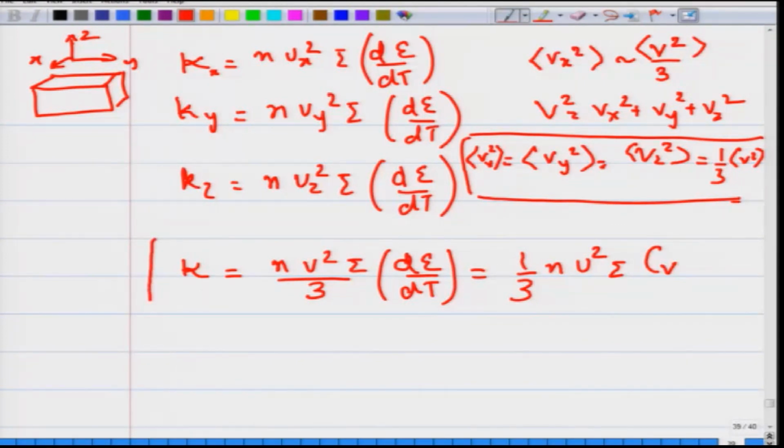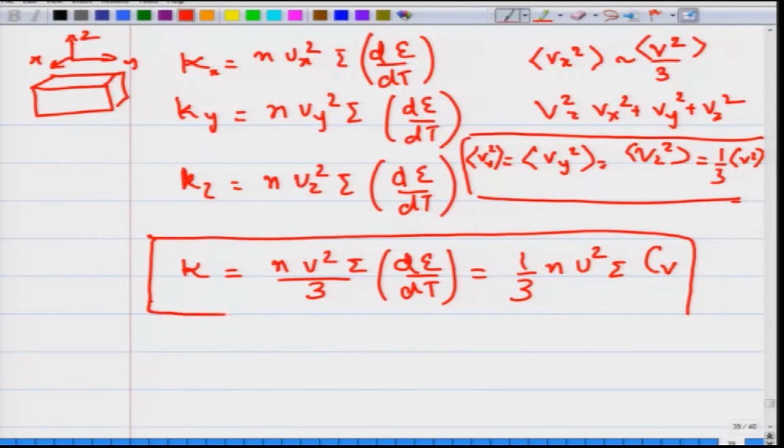So, you can also find out what is the average thermal conductivity of the material for a 3-dimensional material, given that a lot of our materials are 3-dimensional, and what is the thermal conductivity of this metal in 3 dimensions. C is the specific heat of the material and V is the mean square average velocity of the material, n is the density of electrons.